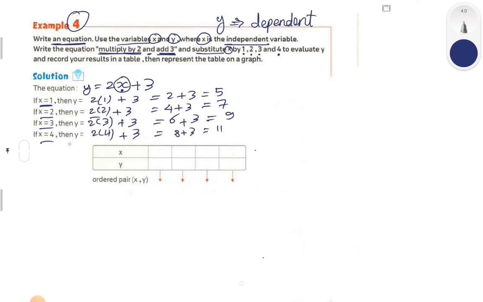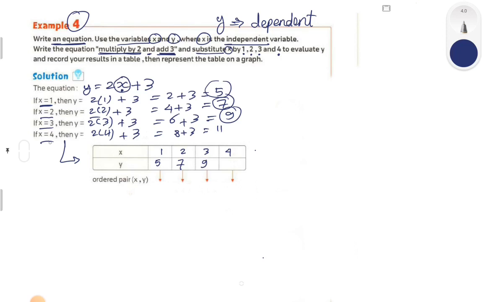Now I can fill in the table. What are the values of x? I have x as 1, 2, 3 and 4. When x equals 1, I find y equals 5. When x equals 2, I find y equals 7. When x equals 3, I find y equals 9.